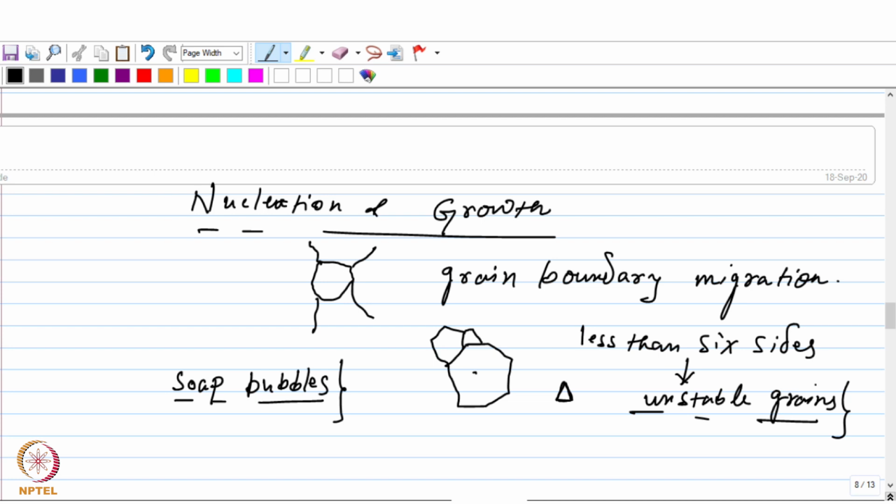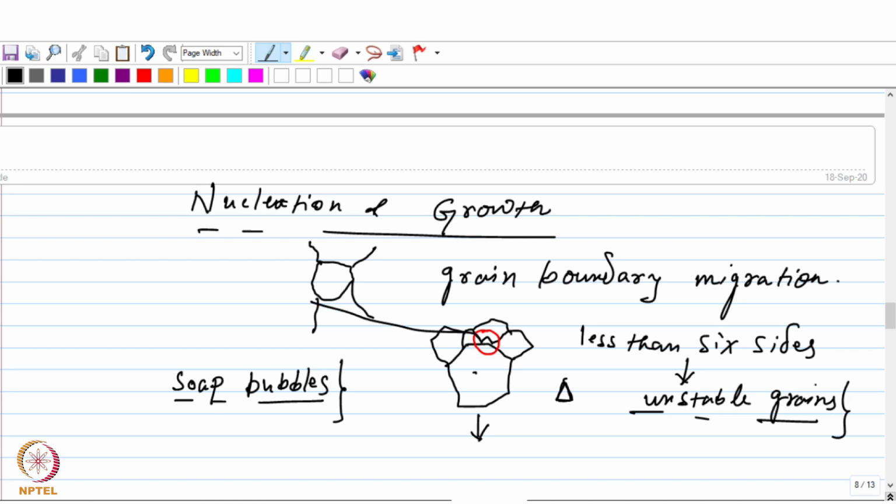Okay, so if you look at the ones which are disappearing, you would find that before disappearing, a triangular grain like this one will form. And now if you see the next stage, after a certain time interval, this grain has disappeared. Okay, so before disappearing, they turn into a triangular geometry.